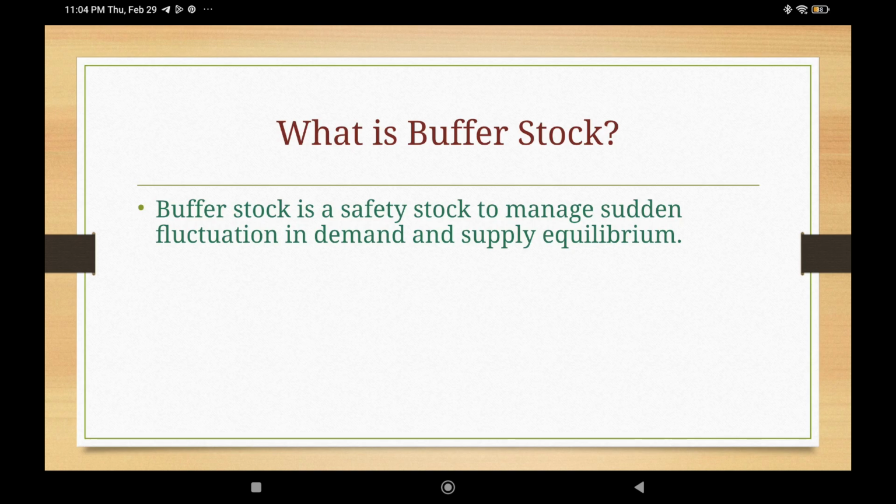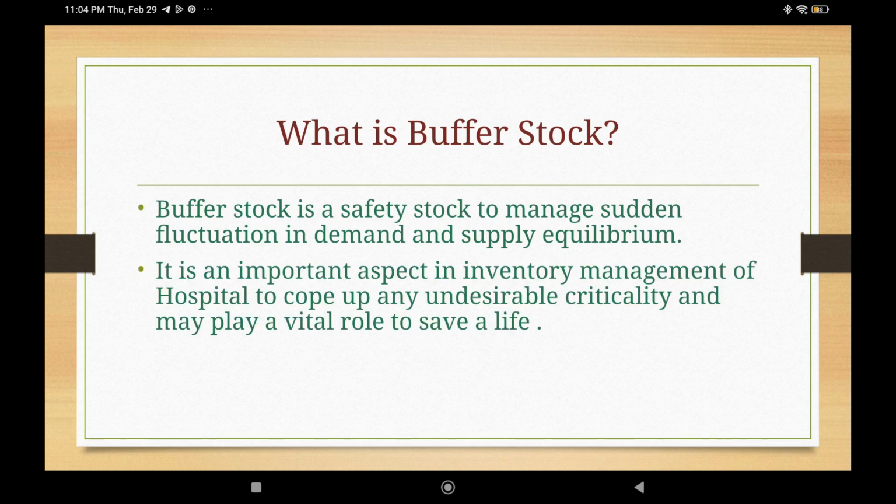If for some reason the demand suddenly increases or the supply is delayed, then this buffer stock can maintain the total system in balance. The next thing is, it is an important aspect in inventory management of a hospital to cope with any undesirable critical situation, and may play a vital role to save a life.